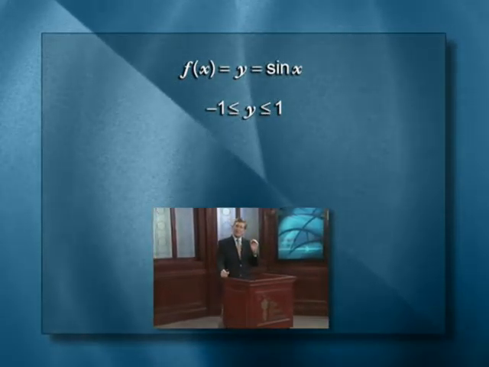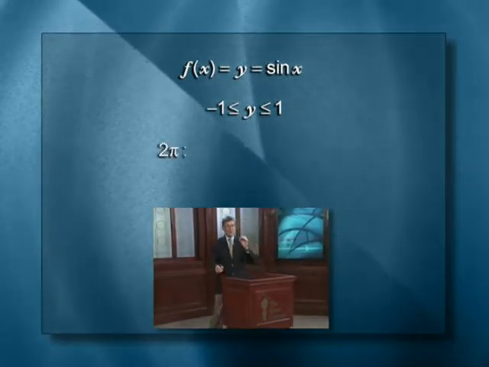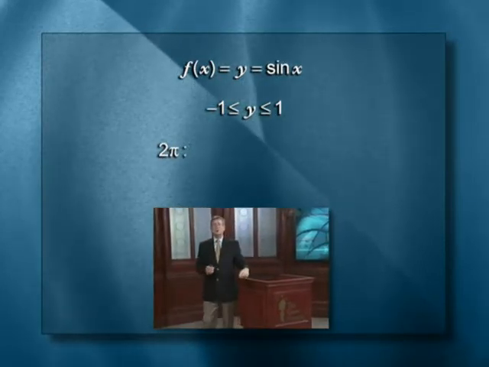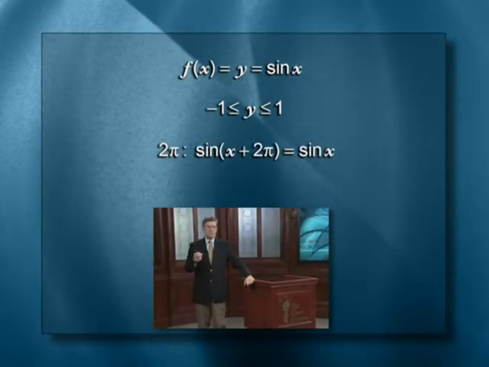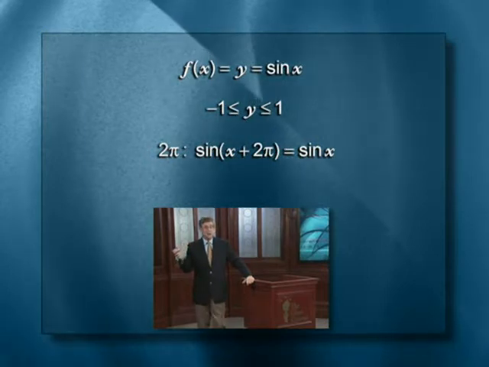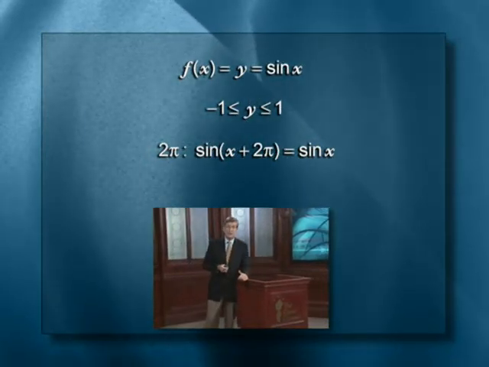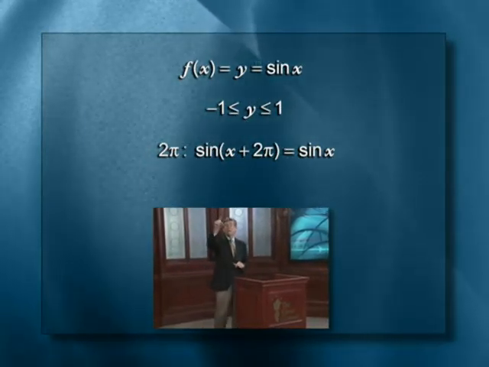The sine function and the cosine function are periodic with period 2 pi. By that I mean sine of x plus 2 pi is equal to sine of x. Because if you're at some angle x and you go all the way around 2 pi radians or 360 degrees, you're back to where you started from, so the sine value will be the same.